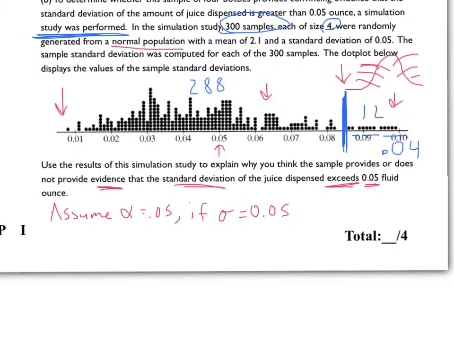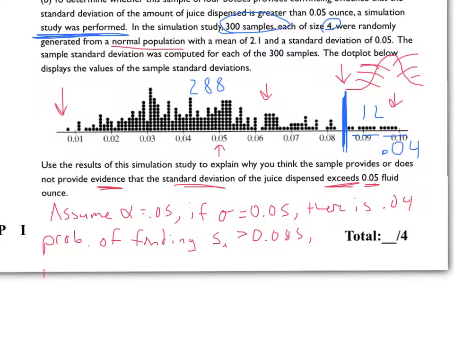If sigma is really equal to 0.05, there is 0.04 probability of finding a sample standard deviation, finding S, and I always use that little X down there to refer to the original population, of finding S greater than the data that we found, which would be 0.085. So there's that probability of finding that.